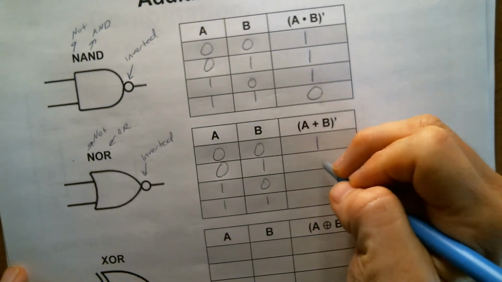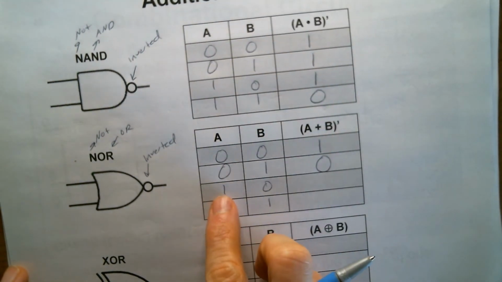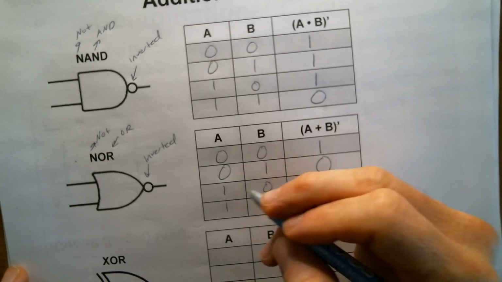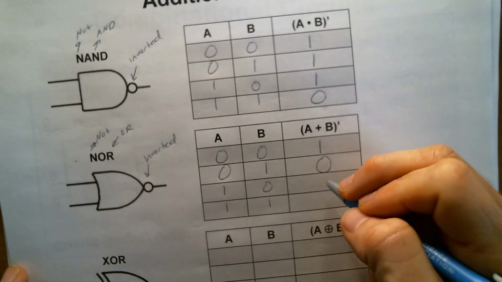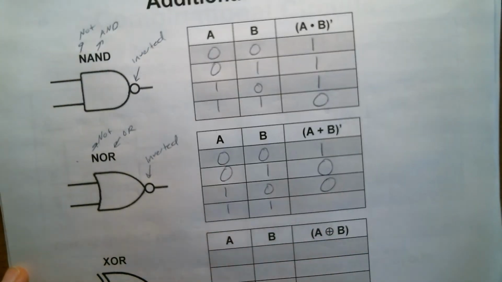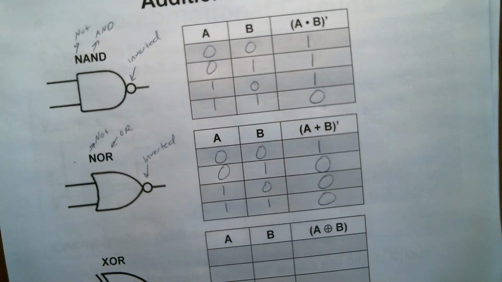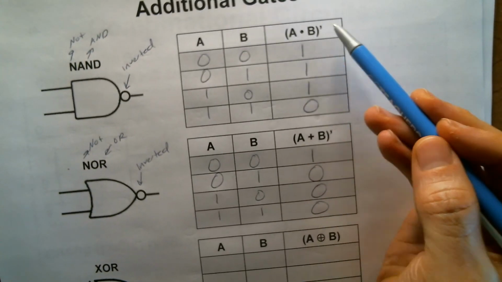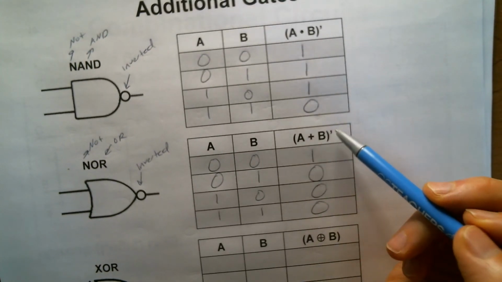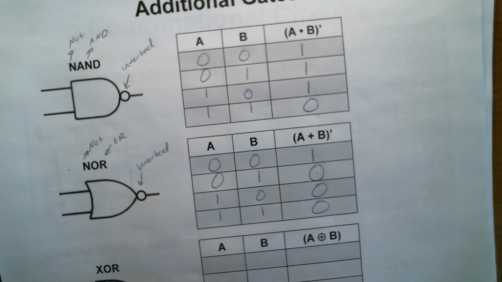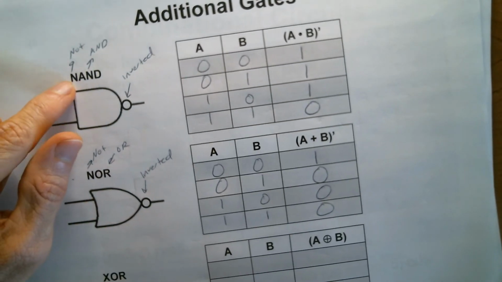False or true would normally be true, but now it's false. True or false would normally be true, but now it's false. True or true would normally be true, but now it's false. All right, so it's just taking those results and then flipping them or negating them. And this is called the NOR, this is called the NAND.